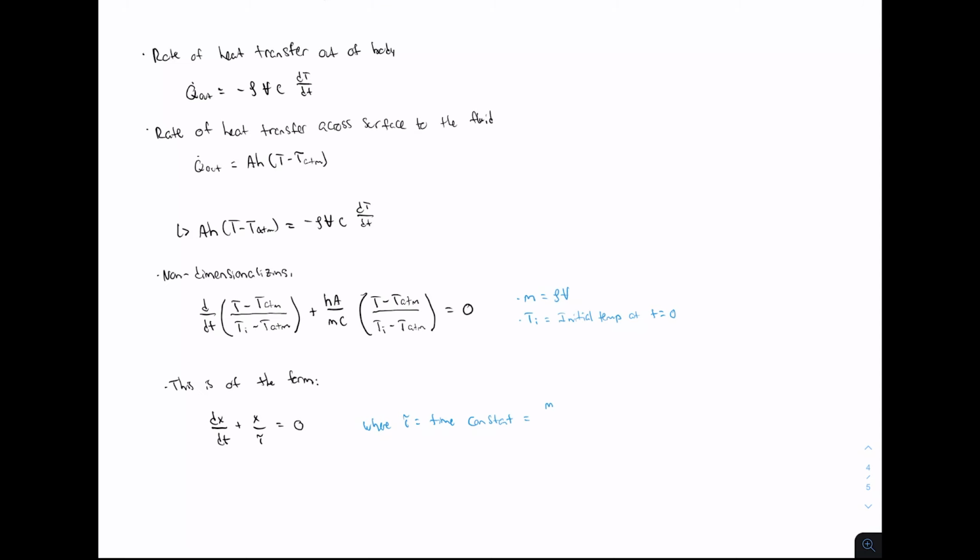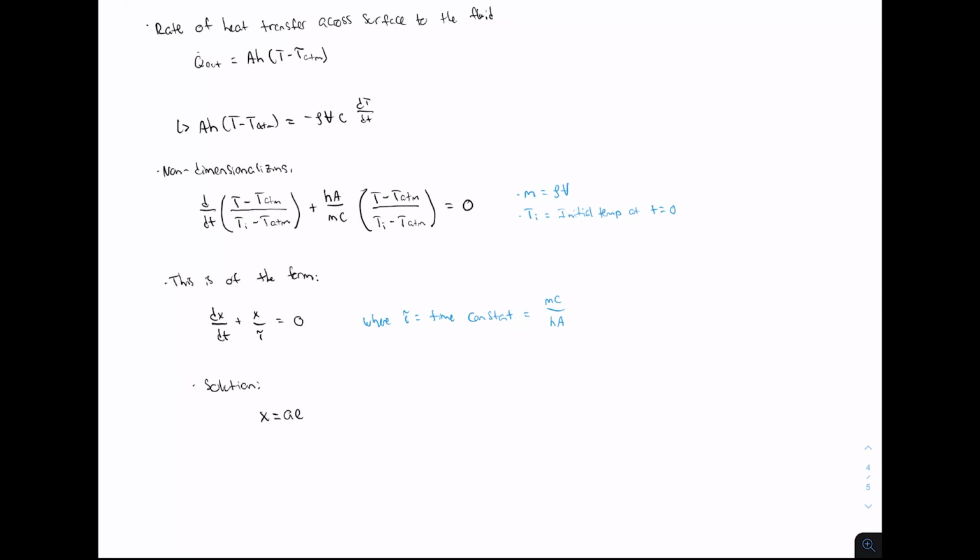Okay, so we have the form dx over dt plus x over tau equals 0. Tau is just our time constant. That's m times c over h times a, where m is the mass, c is the specific heat, h is the convective heat transfer coefficient, and a is the cross-sectional area.